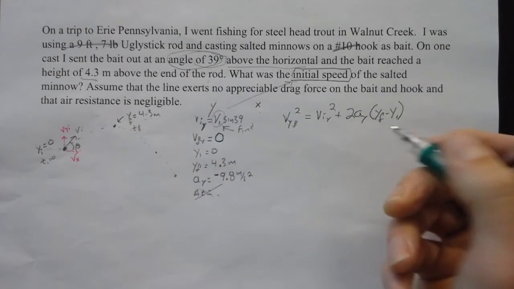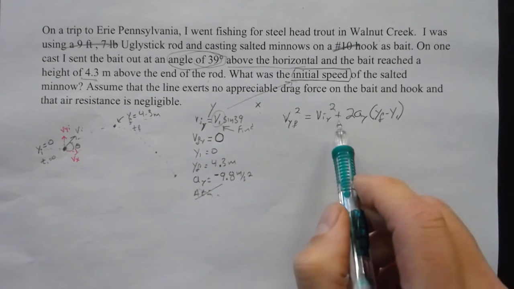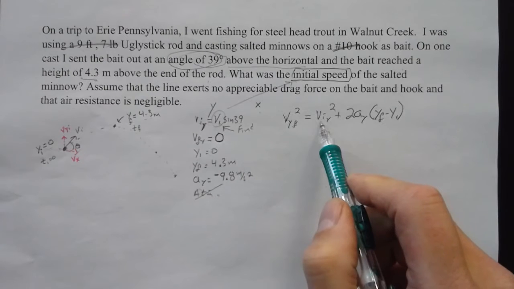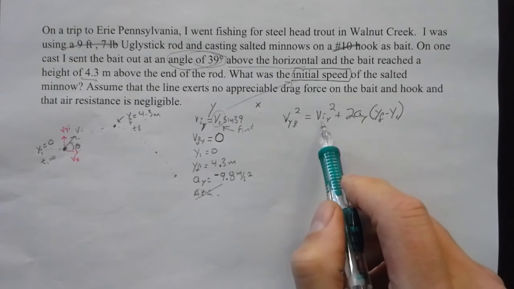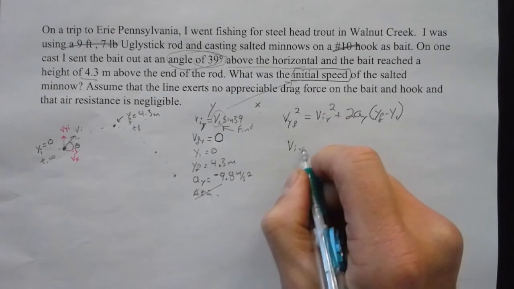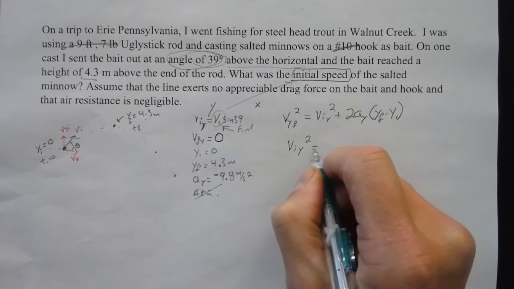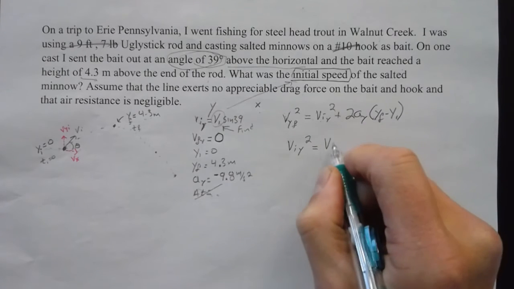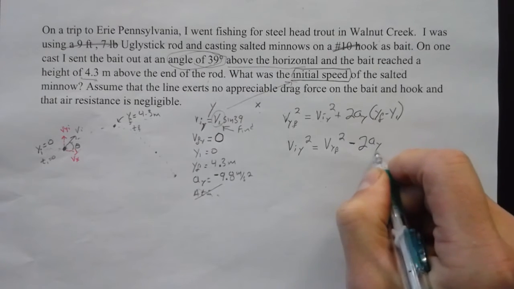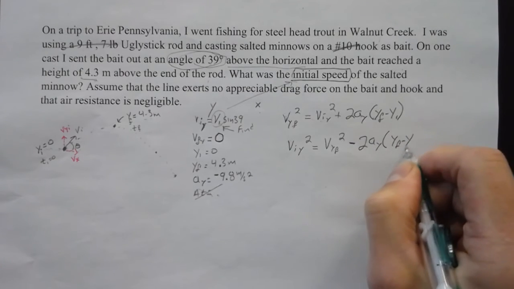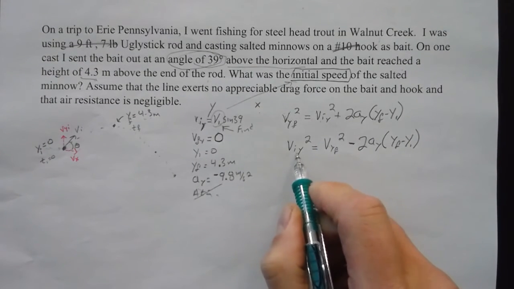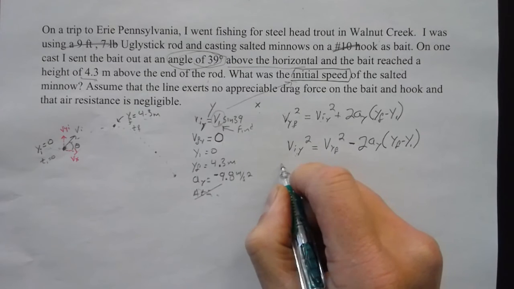So I'm going to plug in things. You can rearrange this and find V initial first. I think today I might do that. I'm going to rearrange this algebraically for that. So I'm going to have that V initial y squared is going to equal V final y squared minus 2 a_y times y final minus y initial. So this is what I'm looking for. Actually, part of that, right? That's this.